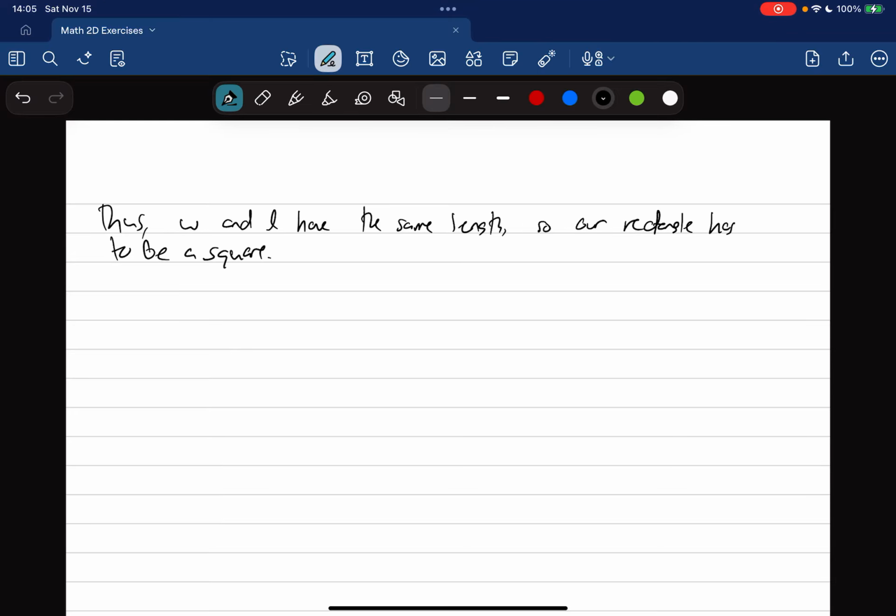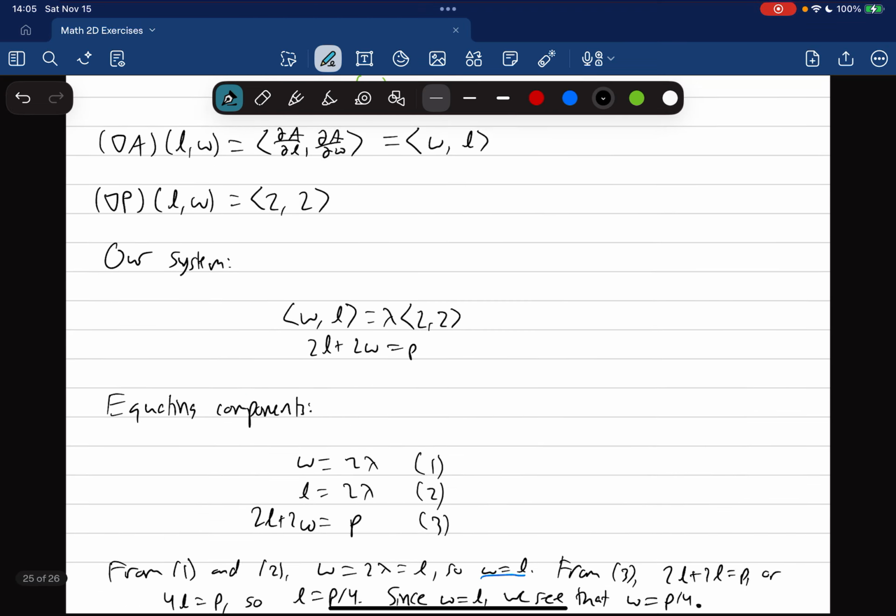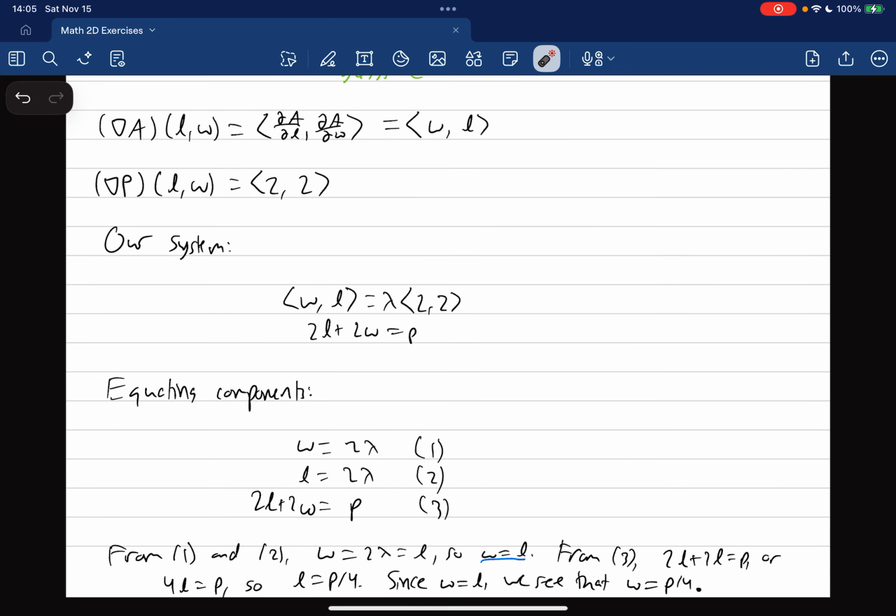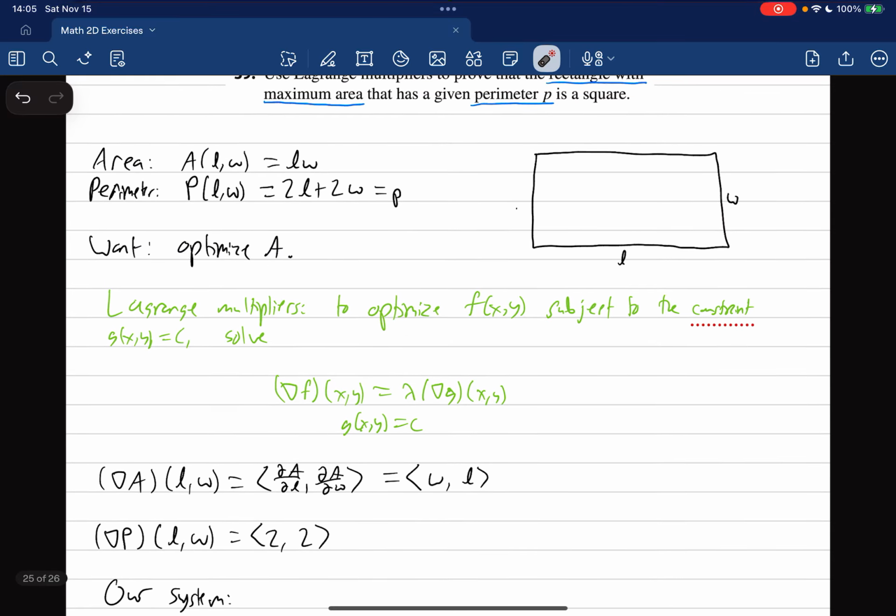And actually, now that I'm looking at this, notice how we already arrived at this conclusion immediately from the fact that we got this equation here. So we actually didn't need to substitute or use equation 3 at all. Just from knowing that the Lagrange multiplier condition tells us that this has to hold, when we expand components and equate these, we immediately get that the width has to be equal to the length without knowing what that width and length are. And therefore, once we know that our rectangle has to be a perfect square, all 4 of the lengths are equal.